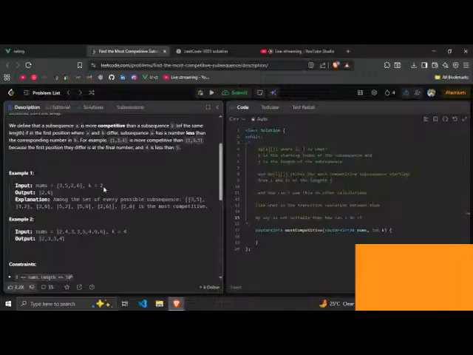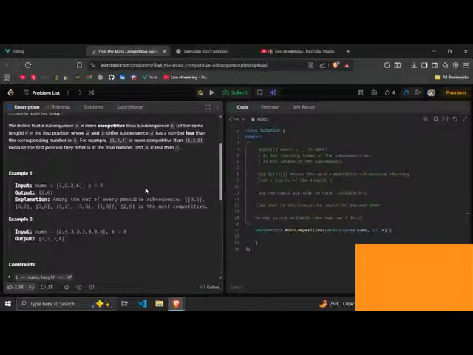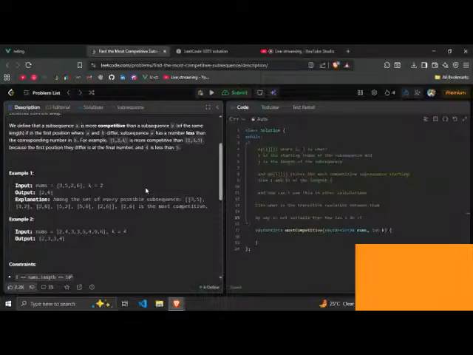So here, 3 5 2 6, if k is 3, then the elements would be 3, 2, 6, right? So for every element I should take the next minimum element. The catch here is, if I take the next minimum element, how can I do that?